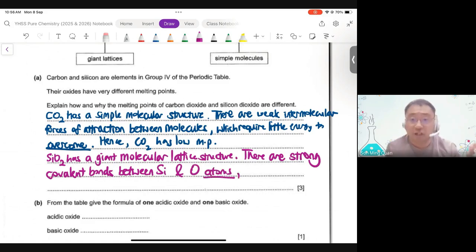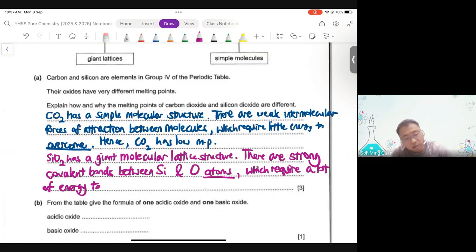So just now we mentioned, right? Simple molecular is molecules. Giant molecular, we talk about the bonds between atoms, in this case Si and O atoms. Obviously, these are strong covalent bonds. They require a lot of energy to overcome. Hence, SiO2 has a high melting point.